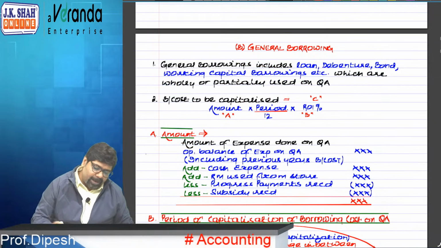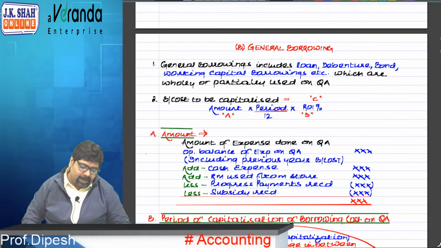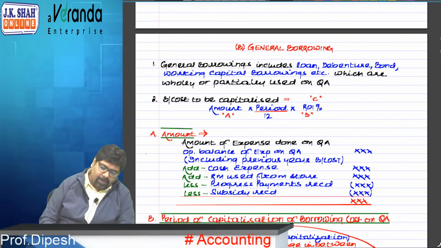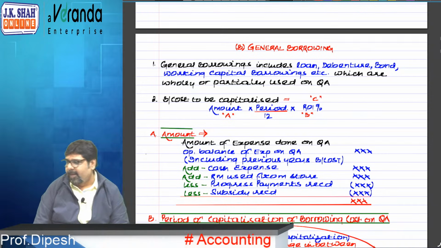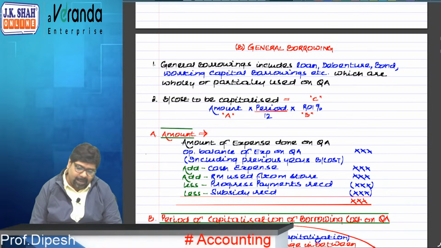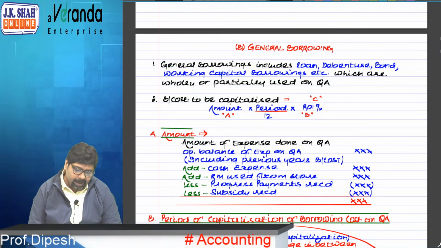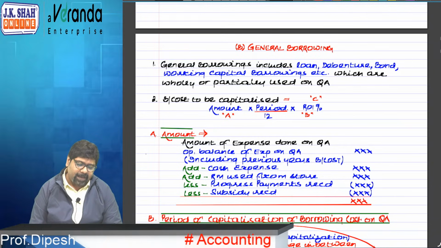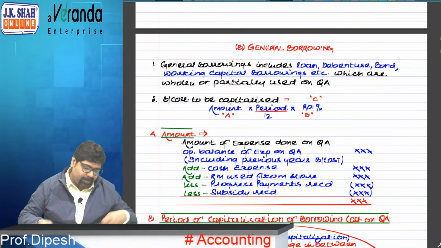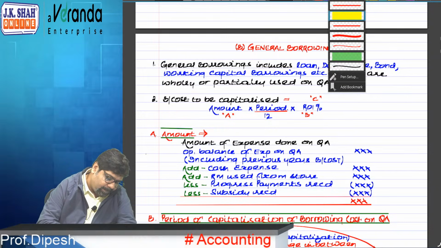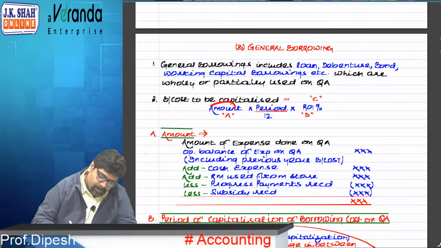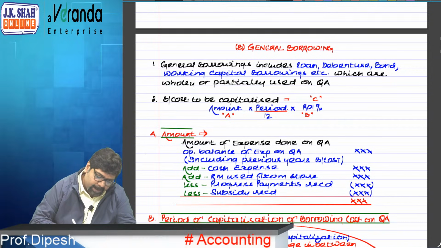General borrowing includes loan, debenture, bond, working capital borrowings, etc., which are wholly or partially used in a qualifying asset. Borrowing cost to be capitalized is amount into period by 12 into rate of interest.